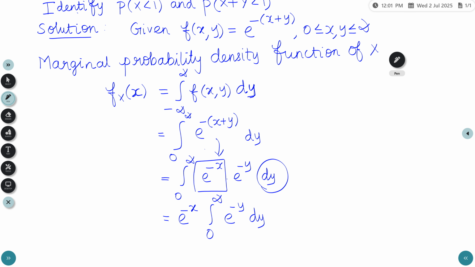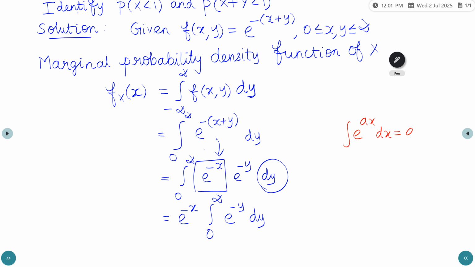In general, the integration of e power ax dx formula is e power ax divided by the coefficient of x, that is a. So this is the formula for integration of e power ax dx.